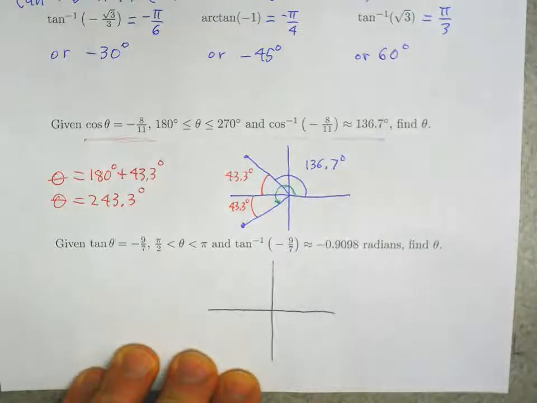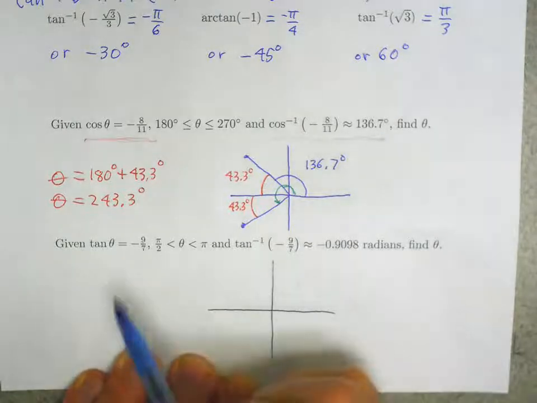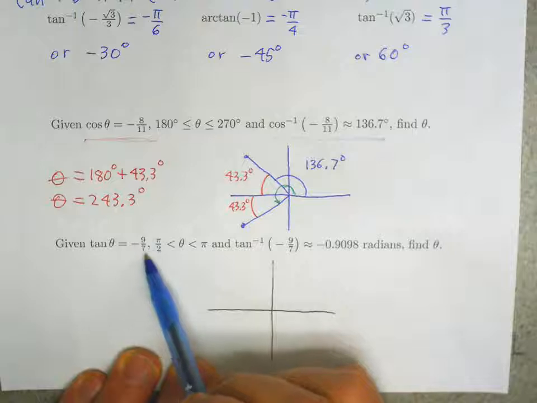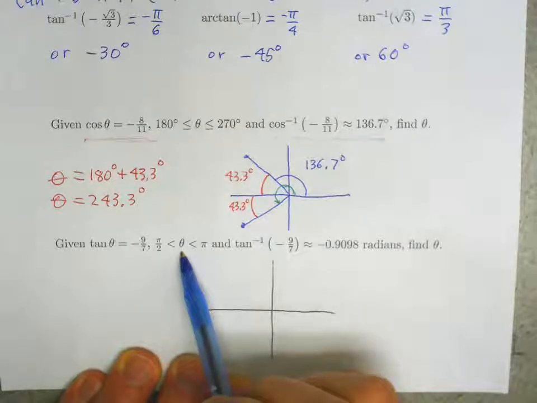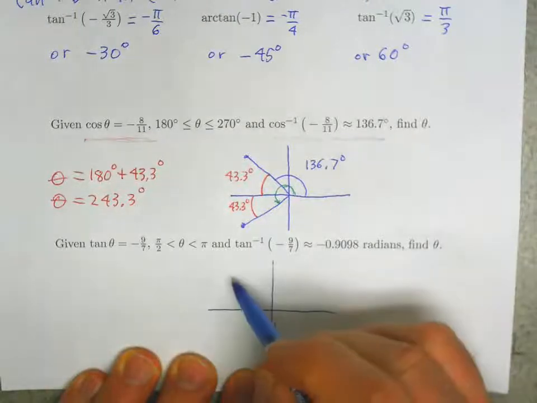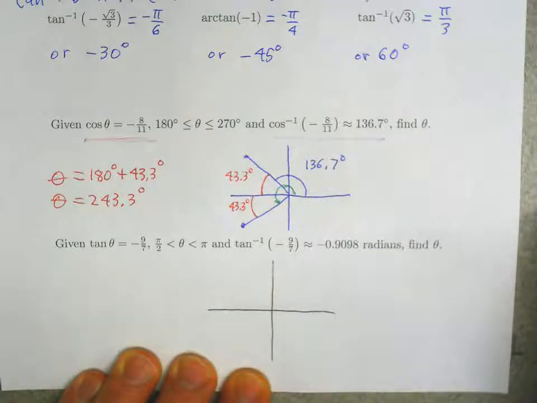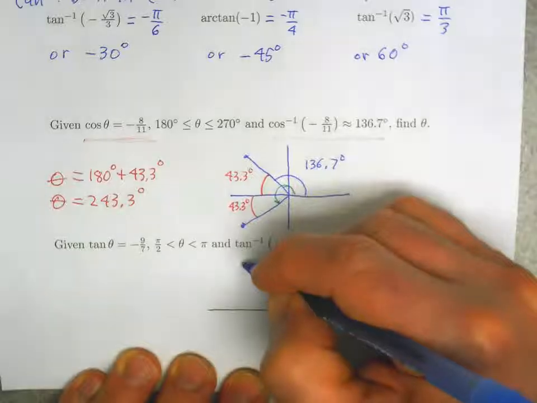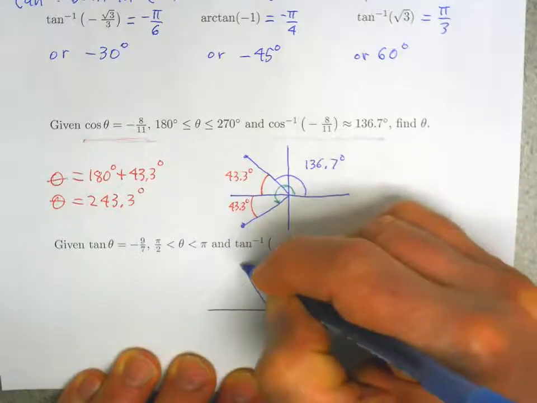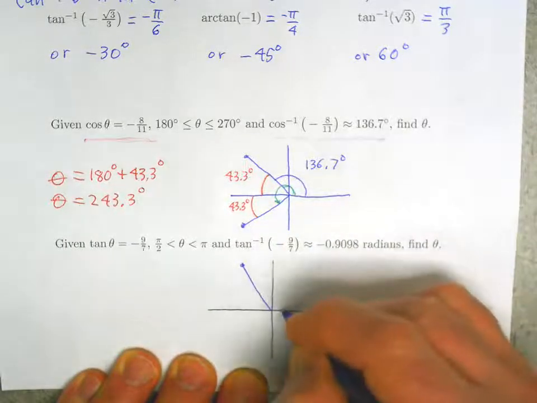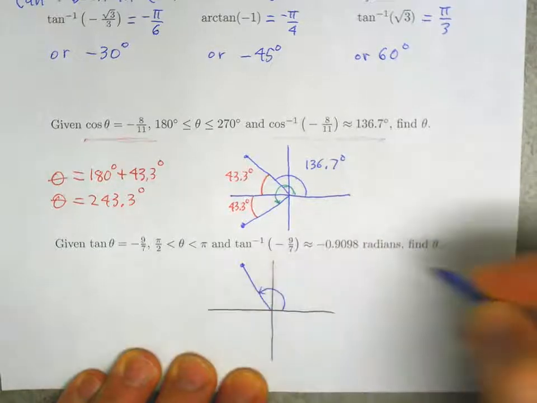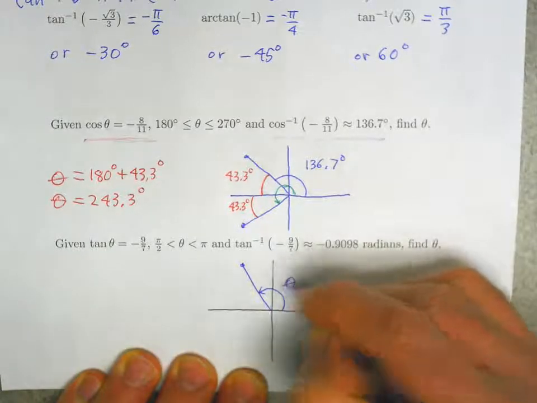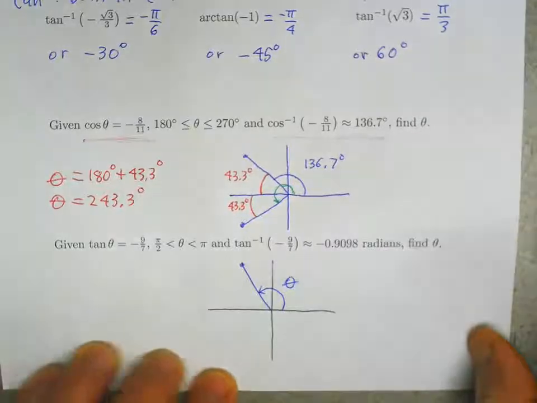So we want tangent of theta equals negative 9/7 in the second quadrant. Tangent is negative in the second quadrant. Okay, so something like this. This is our theta that we want.